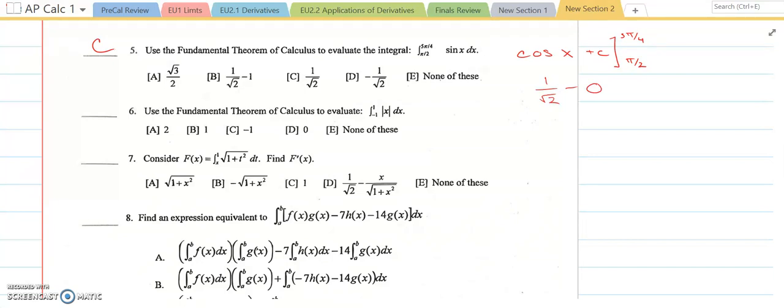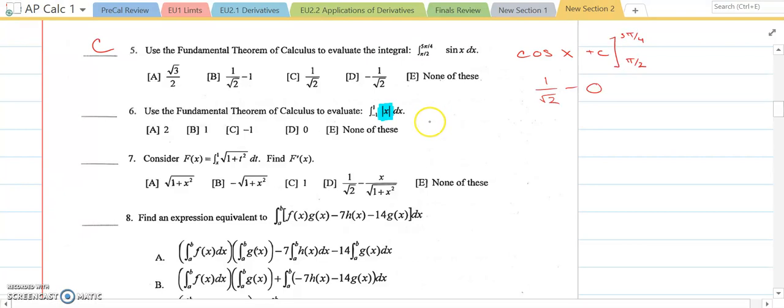Number 6 actually requires you to do a little bit of thinking, and that thinking is how to deal with the absolute value. The absolute value says instead of going below 0, you have to stay above. And because of that, we don't ever want to have any negative portions of this area that we would be taken away.